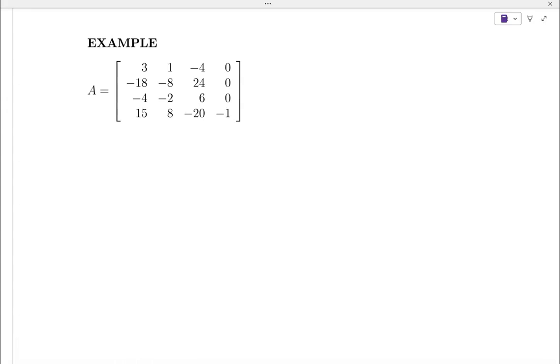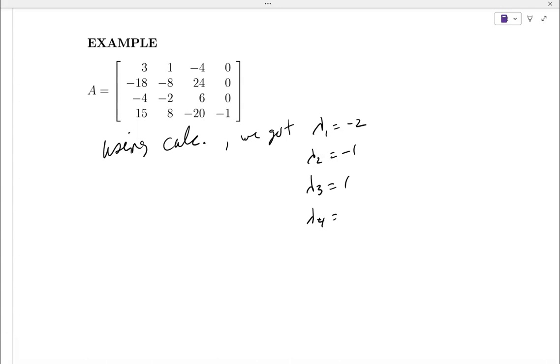A 12th? Yeah, okay. And so when we did that one, let me go back over real quick to the screen here. So we found, using the calculator, lambda 1 is -2, lambda 2 is -1, lambda 3 is 1, and lambda 4 is 2, right? We read that from the graph. Okay.